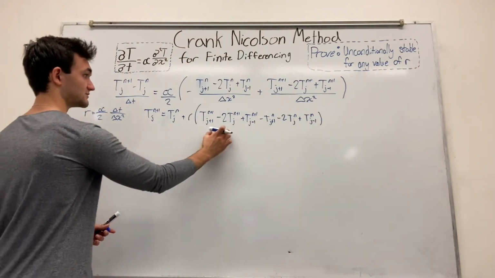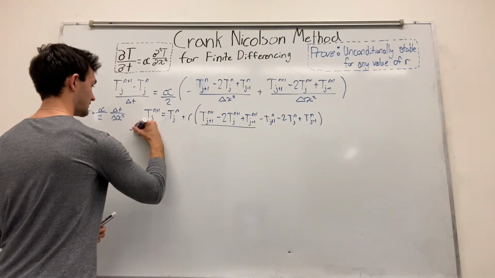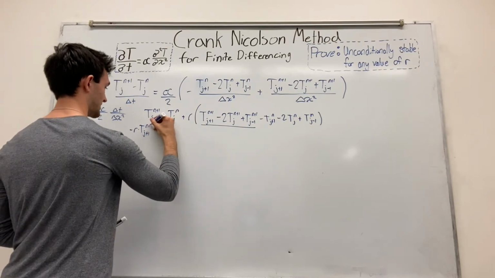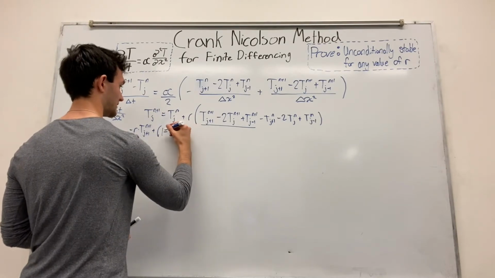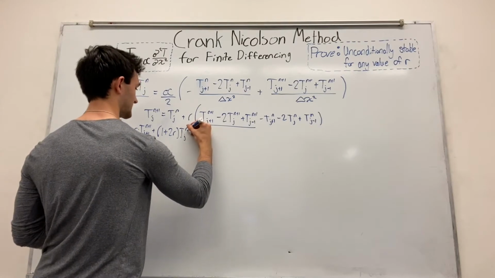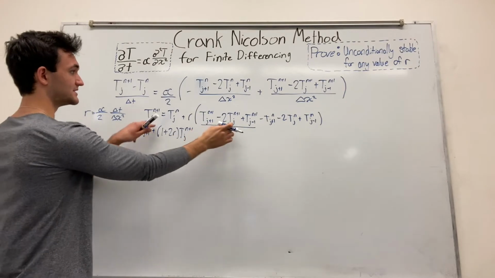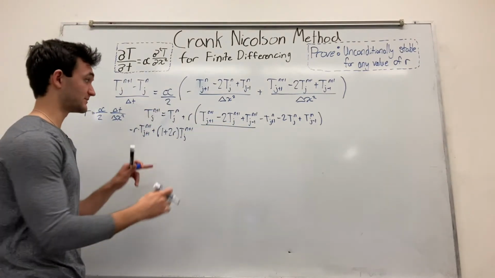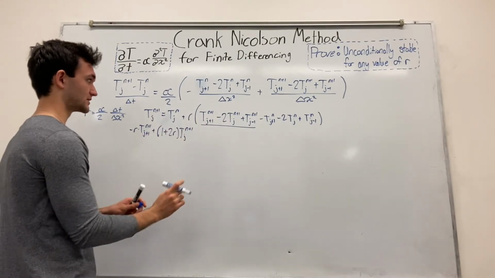So moving these 3 terms over, I'm going to get negative r times the temperature of the block to the right, one time step in front, plus 1 plus 2r times the temperature of the block of interest, one time step in front. Basically, I factored out the temperature of the block of interest one time step in front to get this 1, and it's multiplied by r, so that's where that 2r comes from.